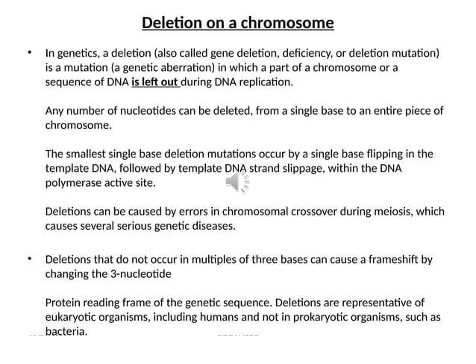So about the deletion of a chromosome. Chromosomal deletion is a structural chromosomal abnormality in which a segment of a chromosome is lost, resulting in the absence of multiple genes within that region.